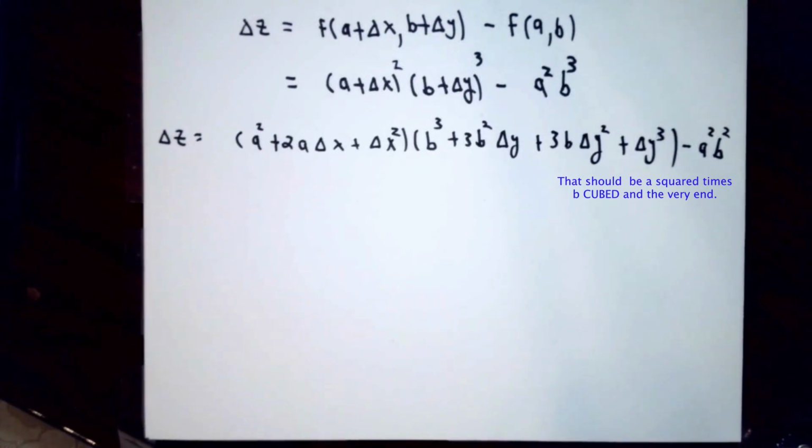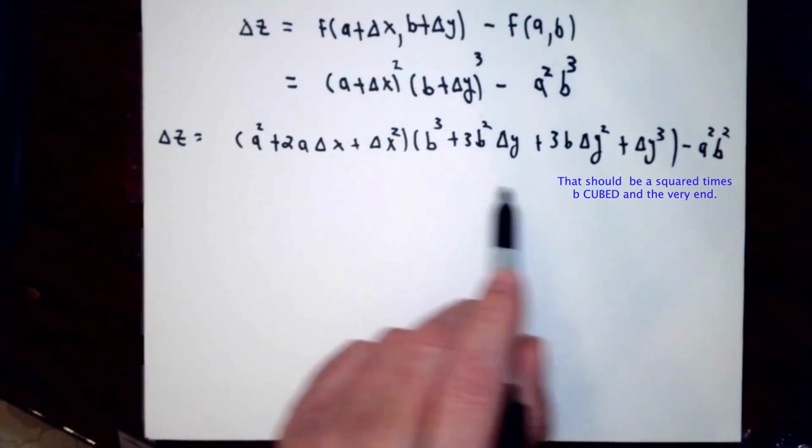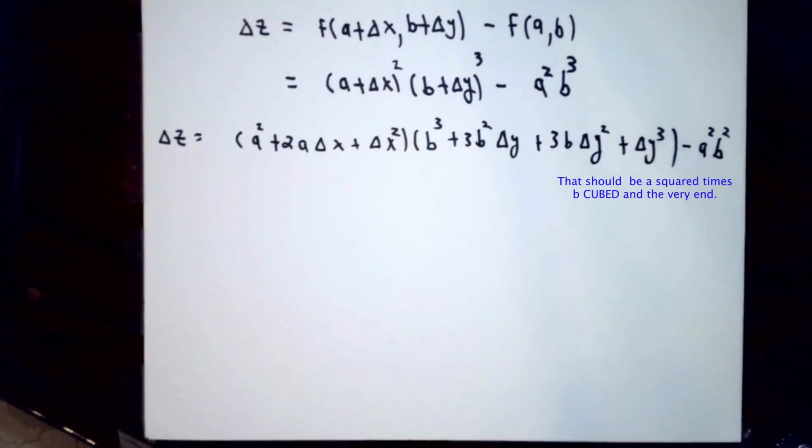I quickly got the coefficients for the b plus delta y cubed bit from Pascal's triangle. So what I'm going to have to do is to take this and multiply it by that, and then subtract away a squared b cubed. The strategy that I'm going to follow is basically the FOIL method.